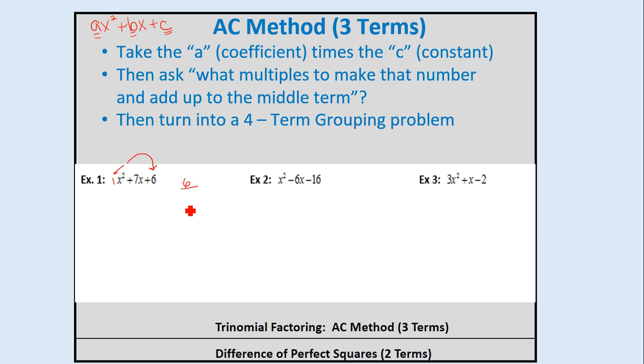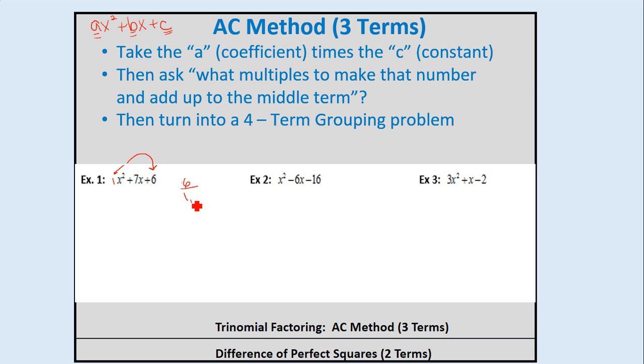Now, once I figure out what that is, the A times the C, then I got to ask myself a critical question. What multiplies to make that number, the number 6, and will add to make the middle term in our problem? So I need to ask myself what multiplies to make 6 and will add to make 7, that is the middle term in my problem.